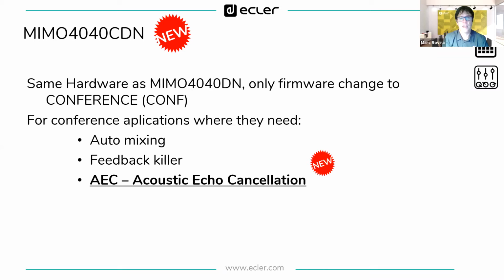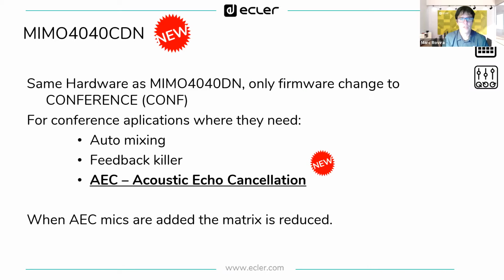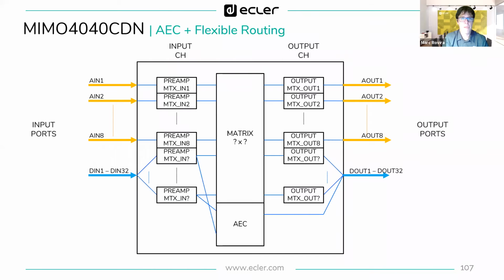Acoustic echo cancellation is an algorithm that consumes a lot of DSP power. So when we are using AEC in the MIMO 44 CDN, using this algorithm, the size of the matrix is reduced.